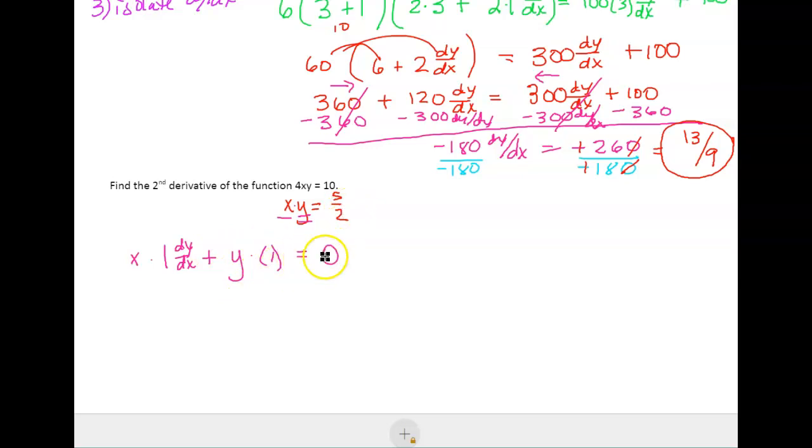Derivative of 5/2 is 0. We need to get dy dx alone, so I'll write this nicer. We're going to move the y to the other side, and then divide by x.